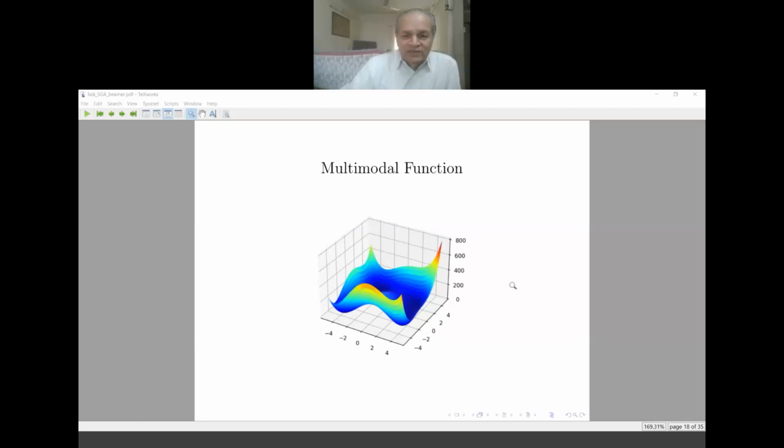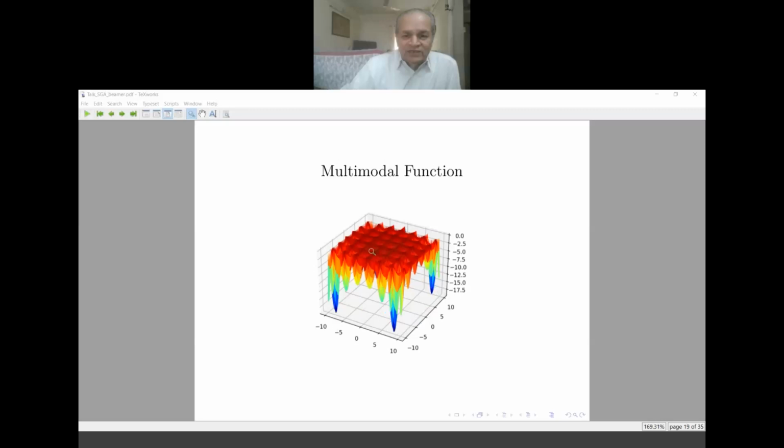Now this is a multimodal function. As I said, I'll be concerning myself only with minimization. You can see here that there are, at many places, minima. This is a multimodal function. Now this is another multimodal function, right? There are many places which we can call local minimum.